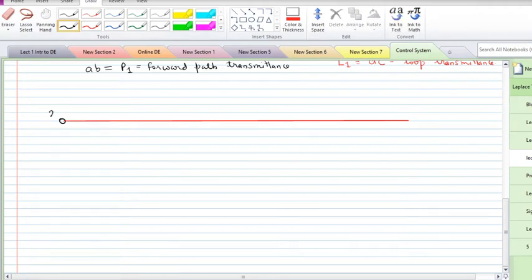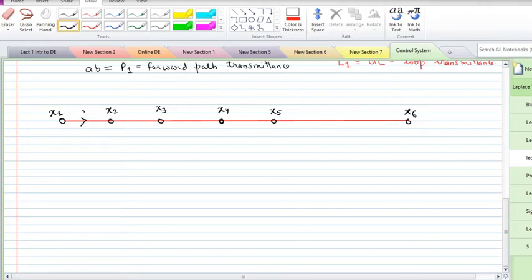Let us suppose this is node x1, second node is at this one. Let us suppose this is node x2, the third is this x3. Let us suppose this is your x4, this is your x5, and this is your x6.